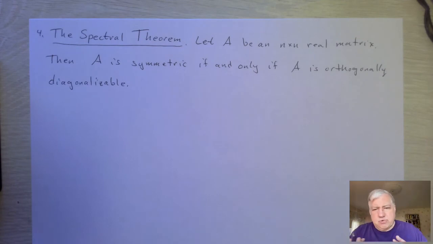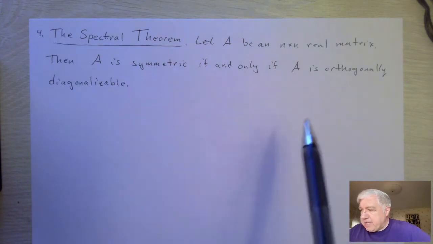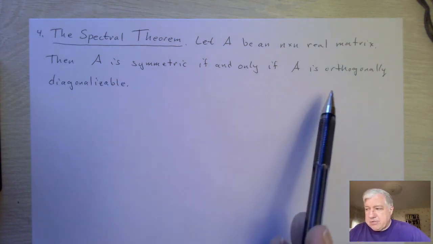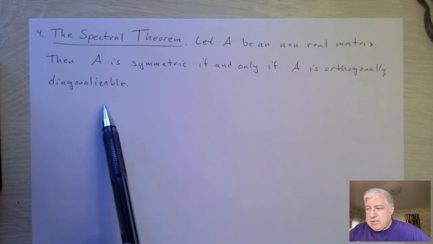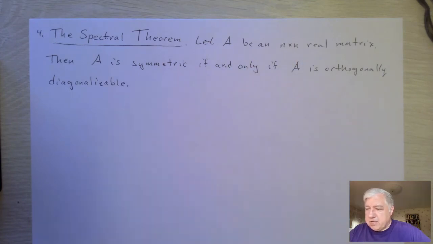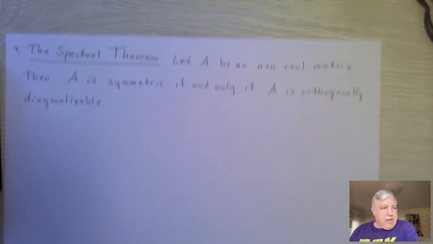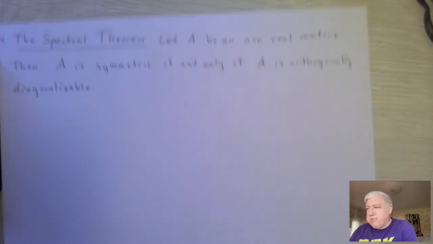We've been dancing around the possibility of complex numbers and complex eigenvalues. Well, we're going to confront them today in this lesson, but it won't be that bad. As long as something is real and symmetric, then it's orthogonally diagonalizable, and if it's real and orthogonally diagonalizable, then it has to be symmetric. Okay, so we're going to prove that, and we're going to show some nice consequences of this.